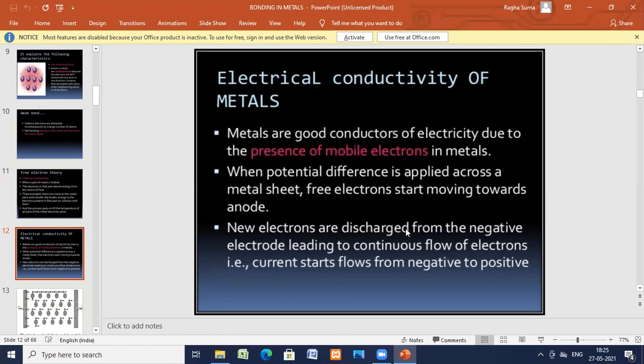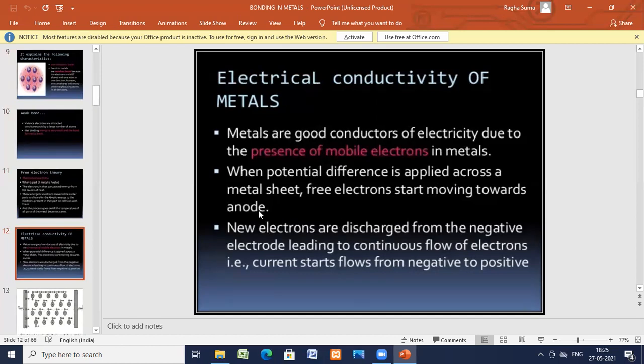How are these good conductors of electricity? Metals are good conductors of electricity due to the presence of mobile electrons. When a potential difference is applied across the metal sheet, free electrons start moving towards the anode.